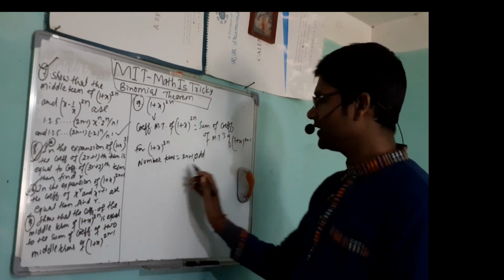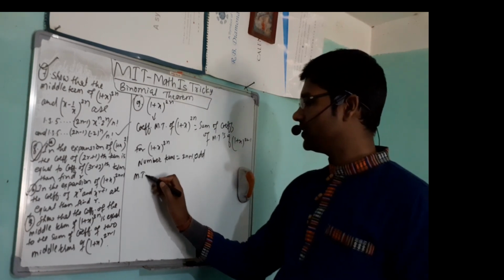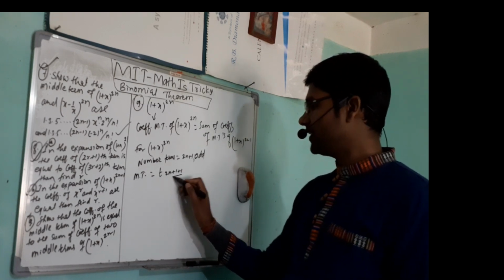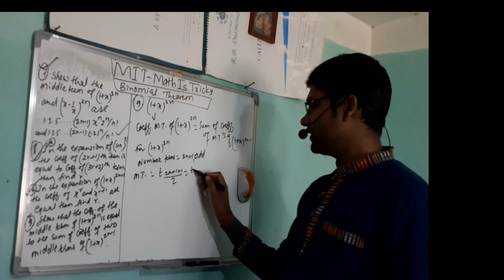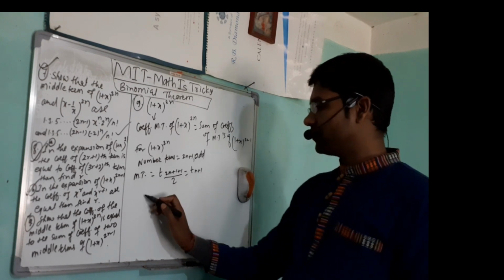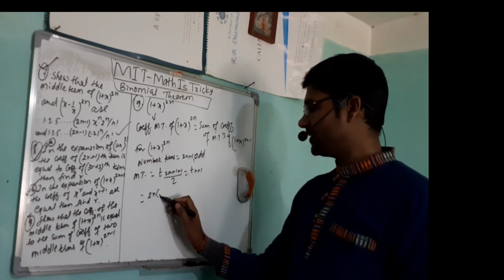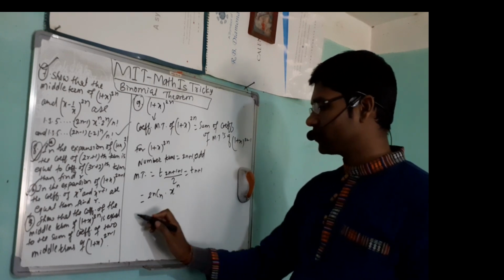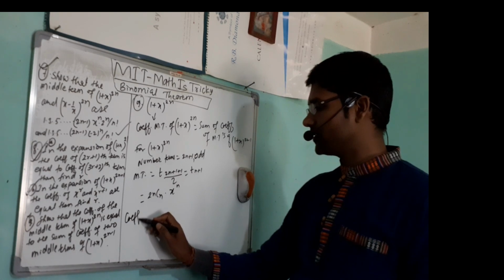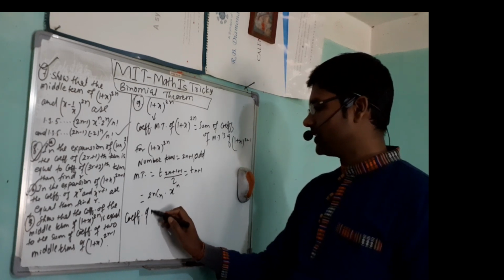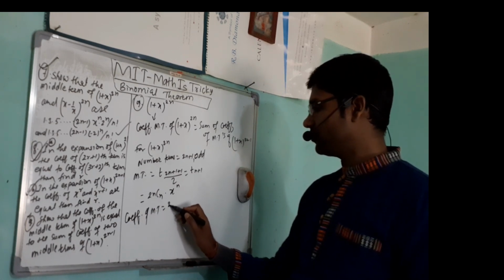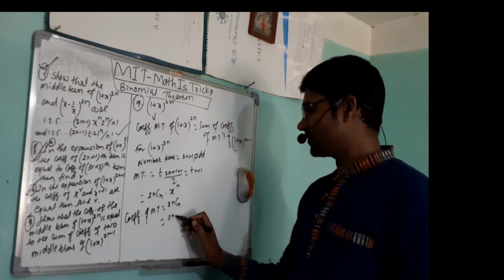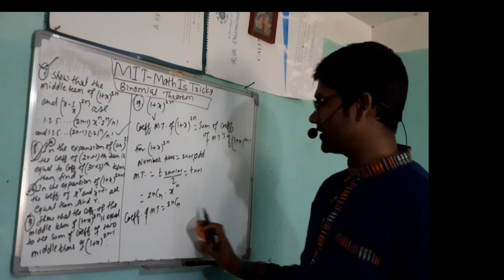To get the middle term, the middle term will be T of (2n + 1)/2 plus 1, that means T n+1. So we can write 2n C n, and then x^n. So what is the coefficient? The coefficient of the middle term will be 2n C n. Okay, this is the middle term in this case.